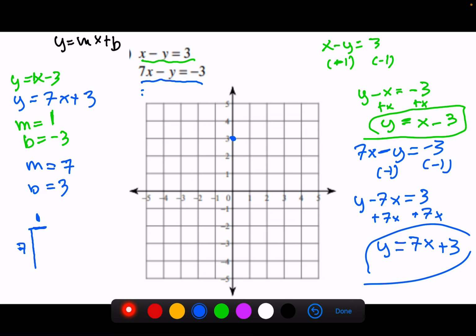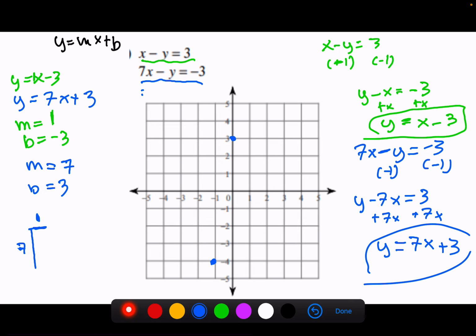If we go the opposite way, we're going to go down by 7 and left by 1. So 1, 2, 3, 4, 5, 6, 7, 1. And that's really all I think I can graph right now.